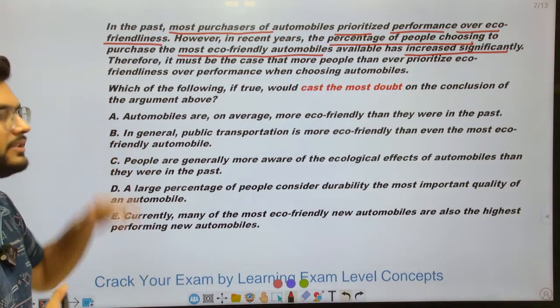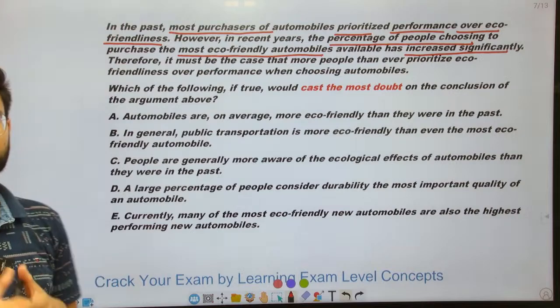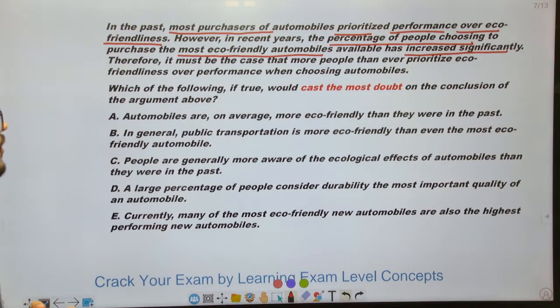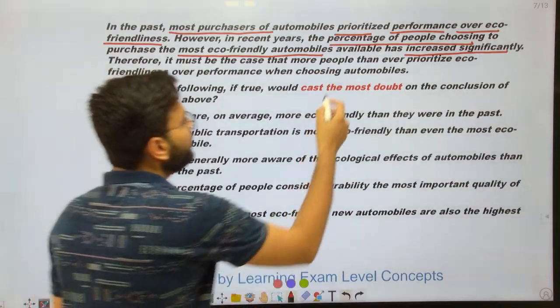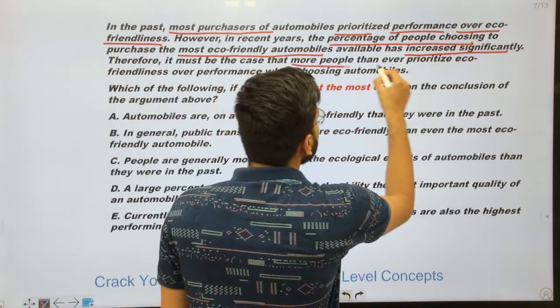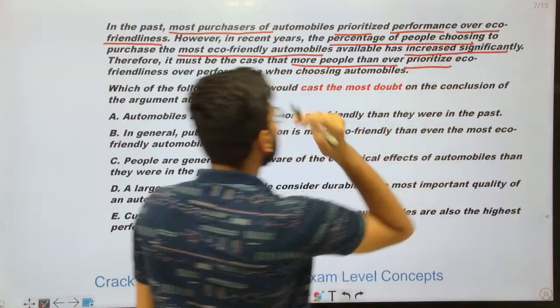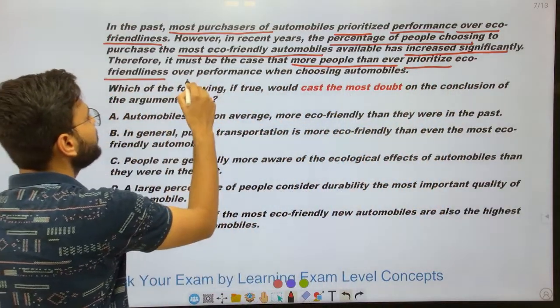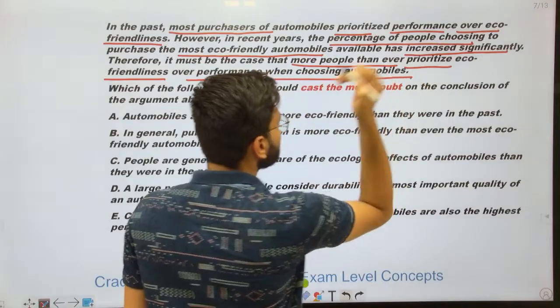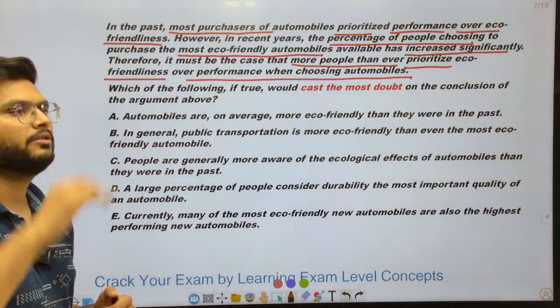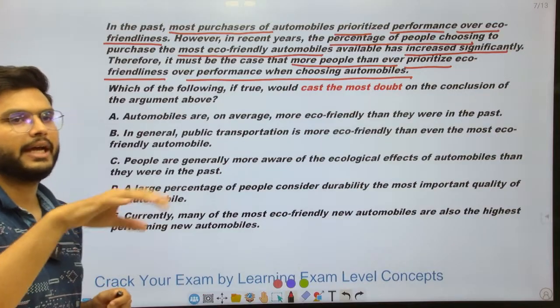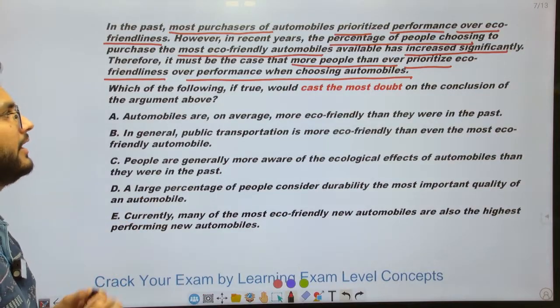It means the priorities and preferences of the people have changed. How? Because the author has concluded that more people than ever prioritize eco-friendliness over performance. The scenario is simple. Earlier, people used to prioritize performance over eco-friendliness.